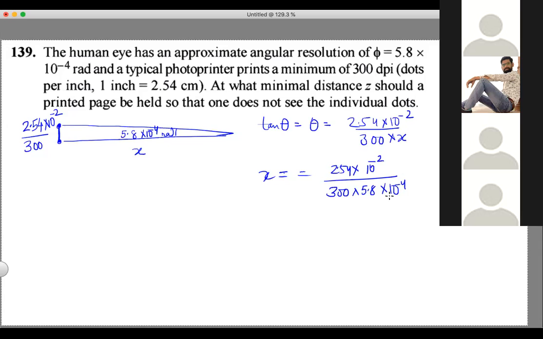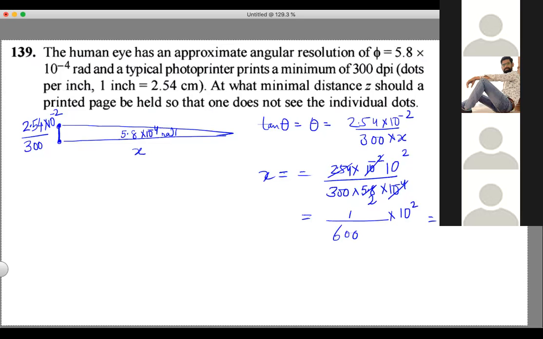Okay, so let's do that. 10 raised to the power 2 is left here, and this is 5. This will go by roughly 2. So this will become 1 by 600 into 10 raised to the power 2.